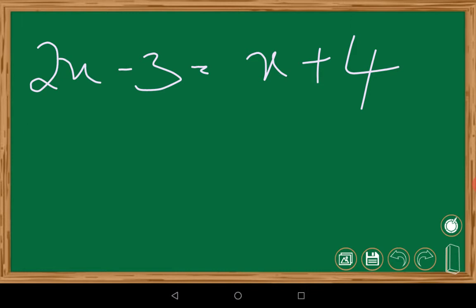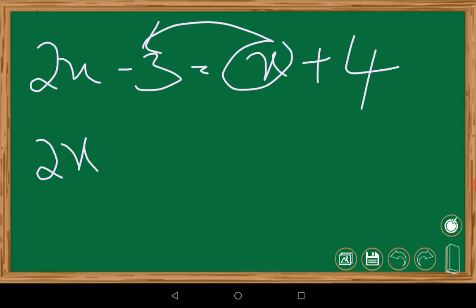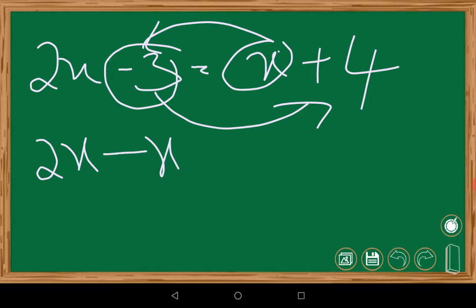Keep 2x on this side only, bring this x to this side, and take this minus 3 to the other side. Understood? So there we almost get the answer. So plus x, if we transpose to this side, we get minus x, and we have 4 here, and this minus 3, if you transpose it to this side, is going to be plus 3.